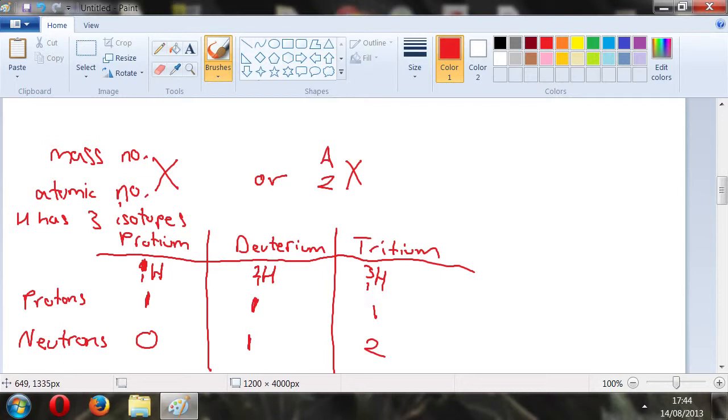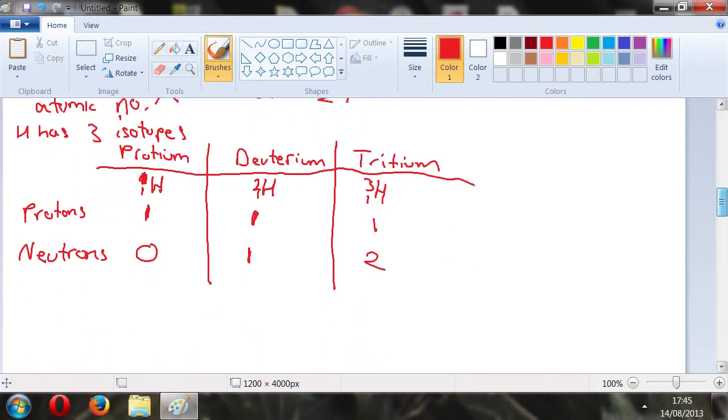So that's basically how it's going to be done. Often, because the atomic number is the same anyway, things are not always referred to quite like this.